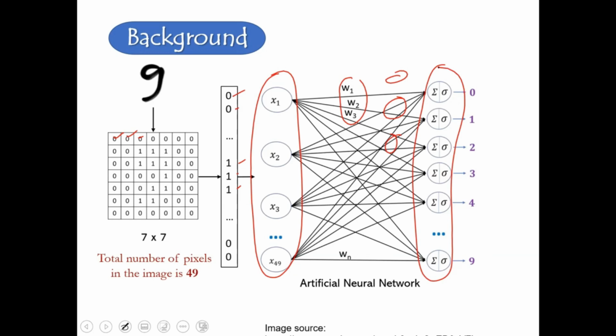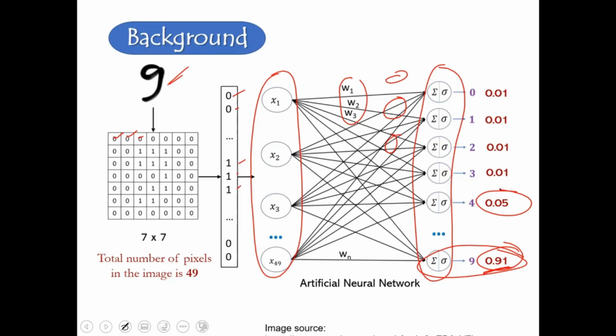In the final layer, we will have some probability values. Suppose as it was 9, the output will show that this neuron has 91% that it is 9, and it also tells that there is a 5% value that it is 4, like this. So this is the case for artificial neural networks.